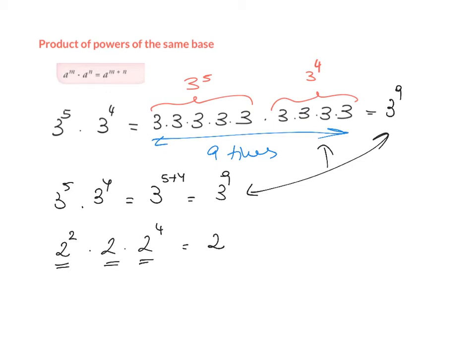Which are the exponents? Here we have 2, here we have 4, and here we don't have anything, which means that what we have is 1, because 2 is 2 to the first. We normally don't write 2 to the first, we write just 2. So what we have to do here is 2 plus 1 plus 4. So the result would be 2 to the 7th.